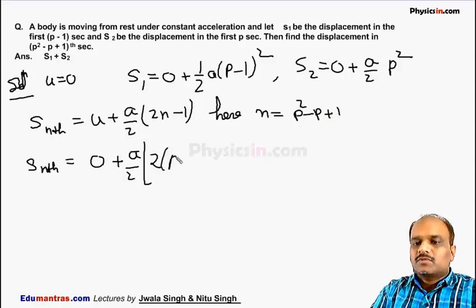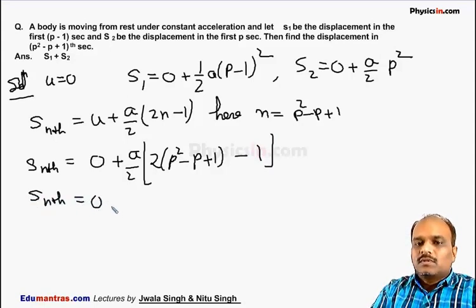So it is p square minus p plus 1 minus 1. This is S_n equal to 0 plus a by 2, which can be written as 2p square minus 2p plus 2 minus 1.